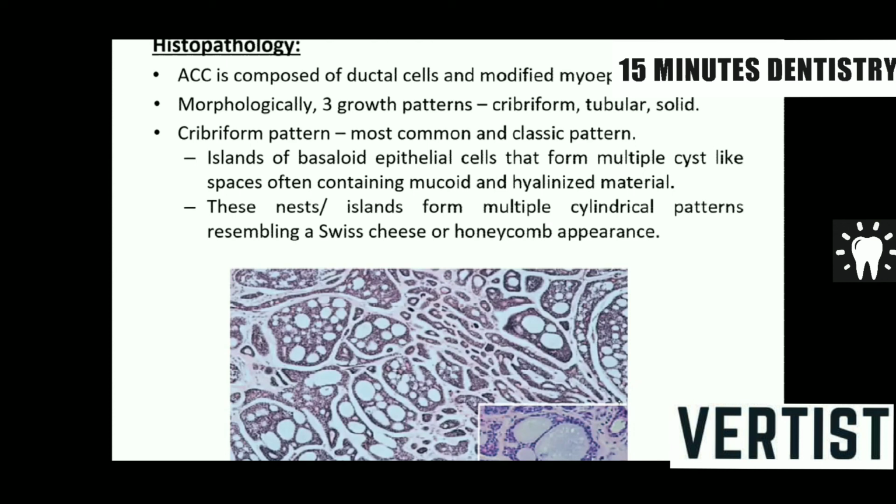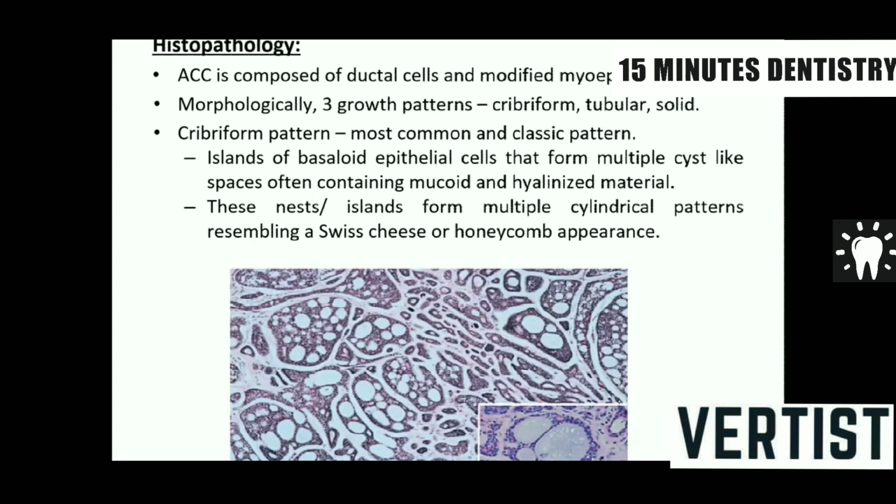Many times these cyst-like areas of basaloid cells get encircled by the surrounding hyalinized connective tissue, forming cylindrical patterns, and that gives a typical Swiss cheese or honeycomb appearance to this variety of adenoid cystic carcinoma. So I have briefly discussed the benign and the malignant tumors.